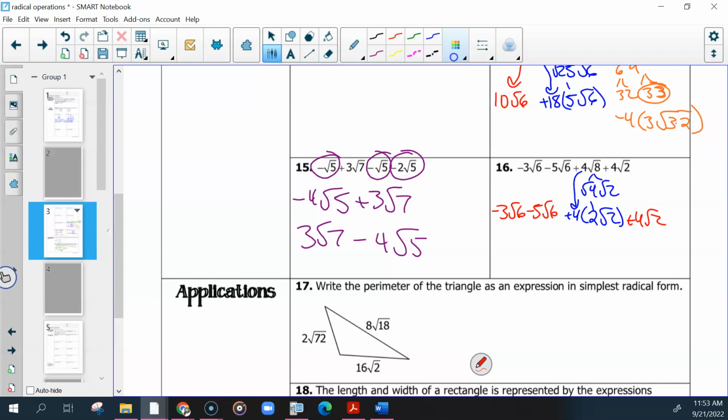What did we get there? Nature, go ahead. Who else got that? Couple of us. Does anyone have questions about that one?